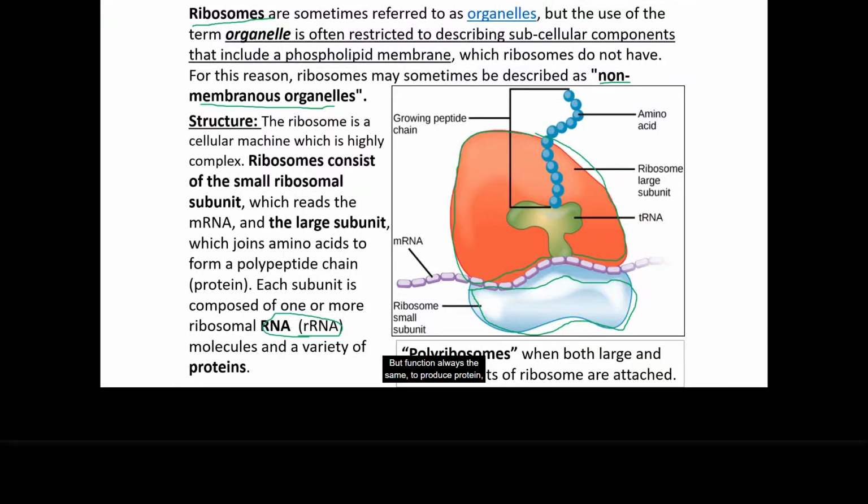But the function is always the same, to produce protein. We will talk in detail later about how they produce and how they function. But when the large and small subunits attach to each other, like on this diagram, they are called polyribosomes.